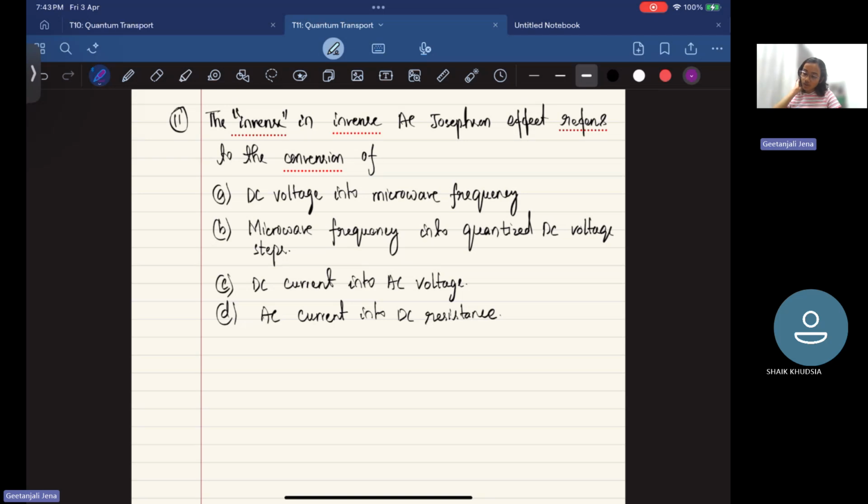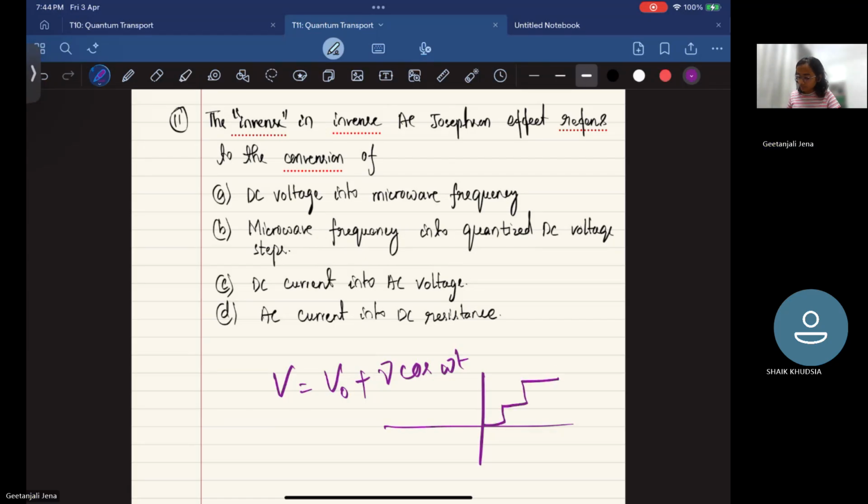If you recall, in the inverse AC Josephson effect, V is V0 plus v cos omega t. So we are applying an AC voltage, and this leads to steps in the current, the Shapiro steps.